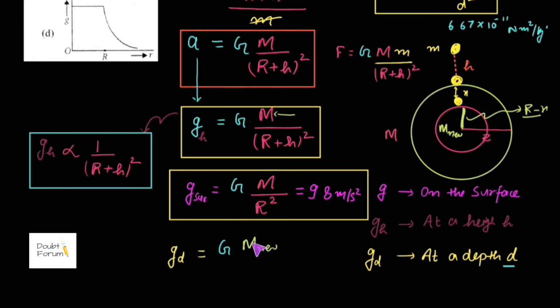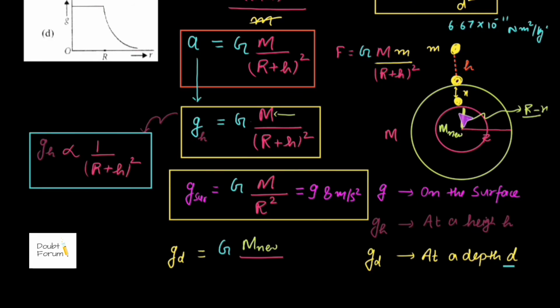The concept involved here is that the whole mass of Earth will not contribute, only a certain part of it will contribute to the gravitational force. So in place of capital M, I am writing m nu, which will obviously be less than capital M, divided by, in place of r plus h, the distance between the objects.